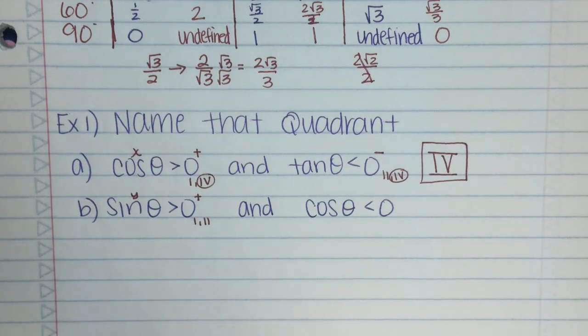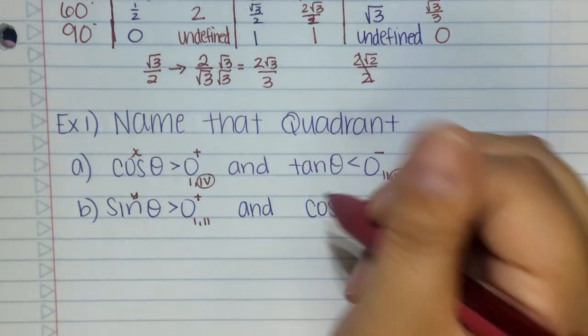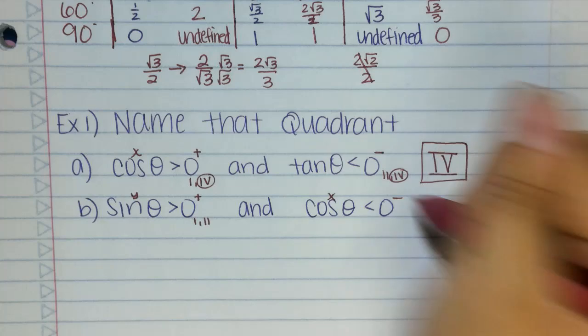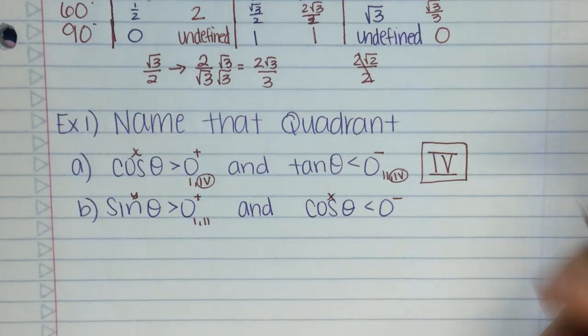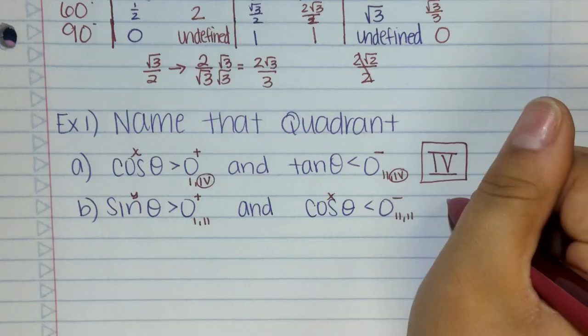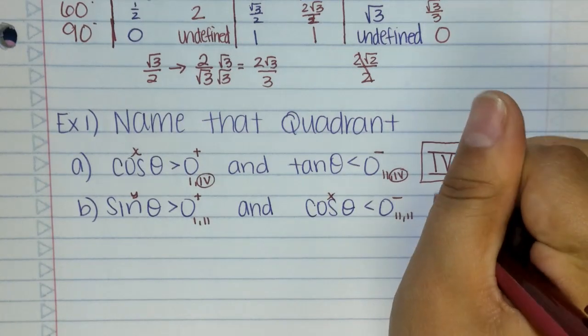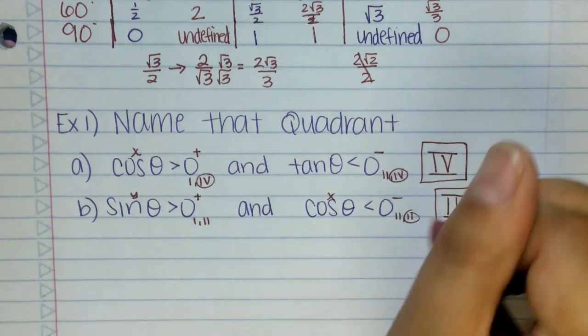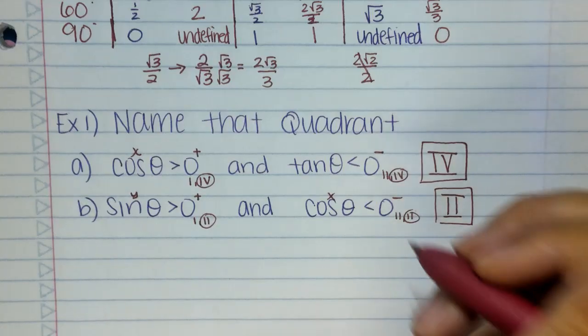Okay, cool. Let's take it back to 6th grade. Cosine is less than 0. What's cosine? X. Less than 0 is, what quadrants is cosine negative? So name that quadrant. 2. These are both in quadrant 2.